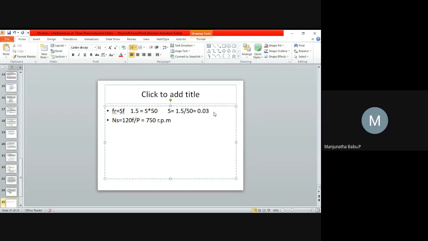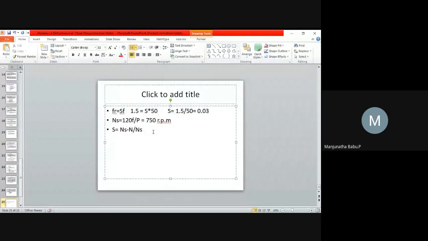Next, once you know NS, you know the formula for slip. S is equal to NS minus N divided by NS.